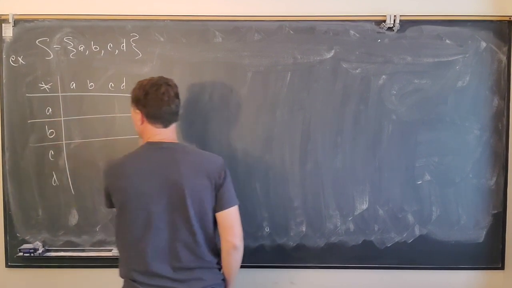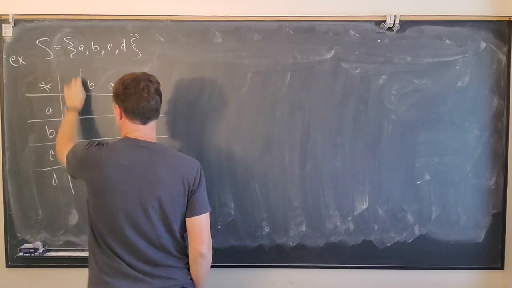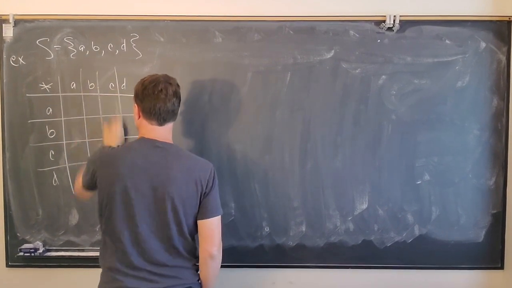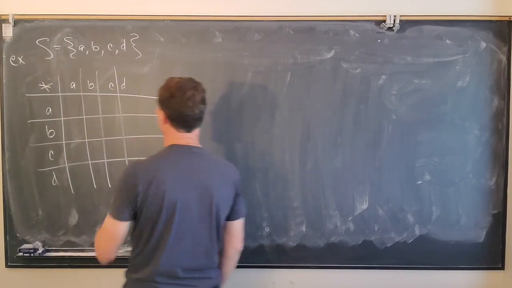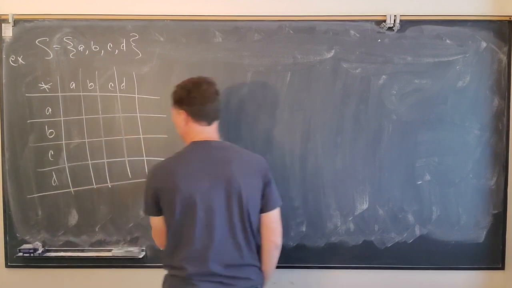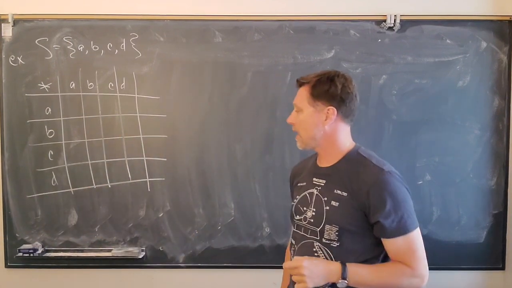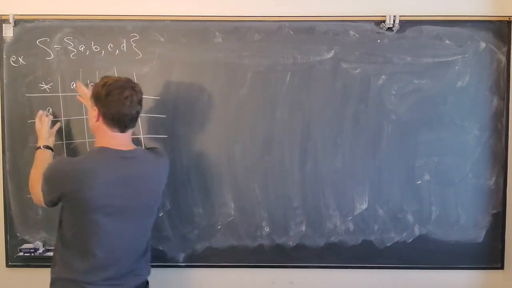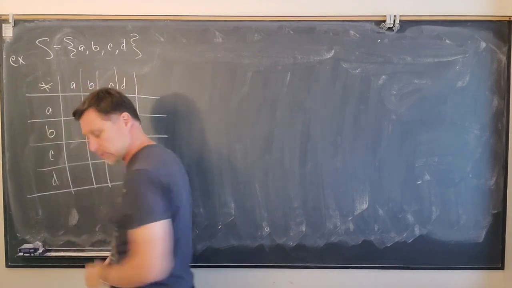Let's get our rows and our columns, and then remember, in each of these spots, I'm going to write down the corresponding element. So for example, let me fill this out here.